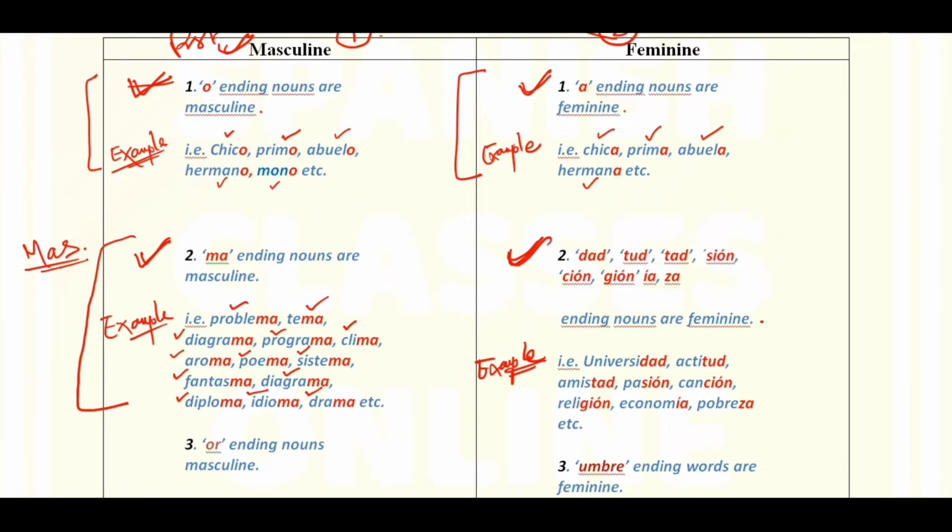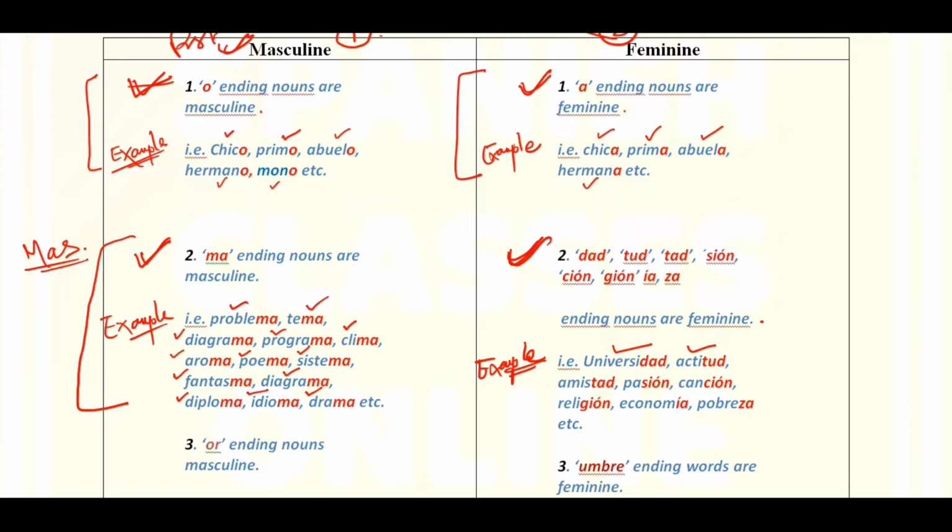Examples: universidad, university; actitud, attitude; amistad, friendship; pasión, passion; canción, song; religión, religion; economía, economy; pobreza, poverty, etc. These are examples.